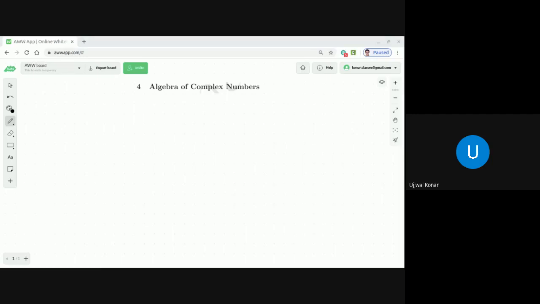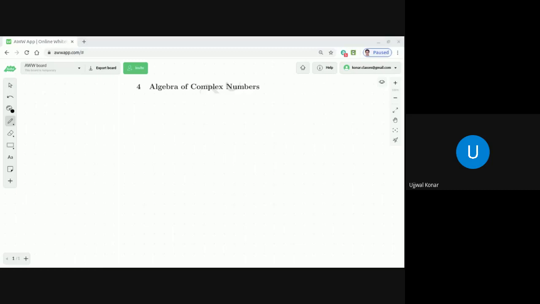So, in the algebra of complex numbers, dear students, the first thing we are going to learn is the addition of two complex numbers. How are we going to proceed?